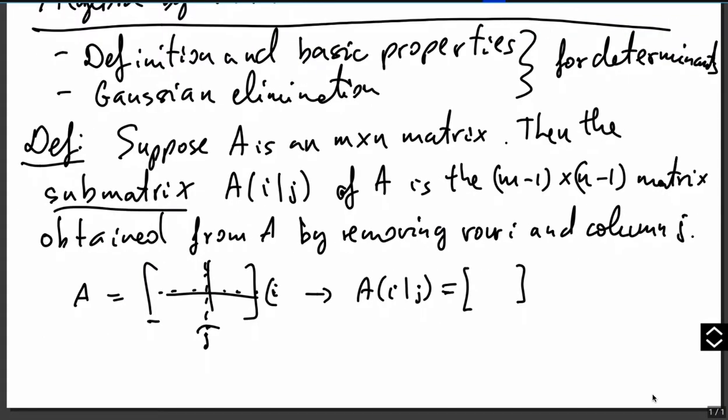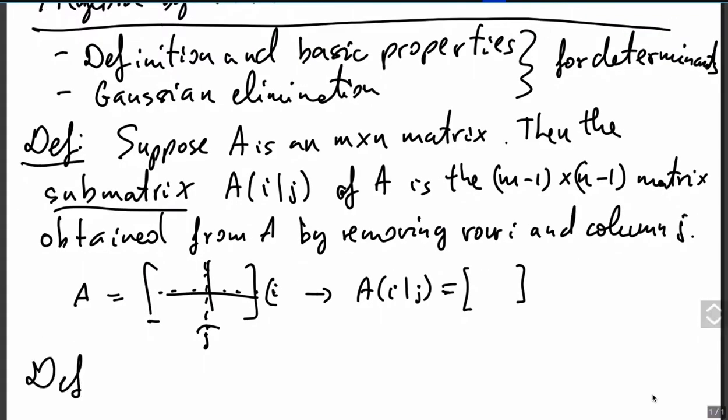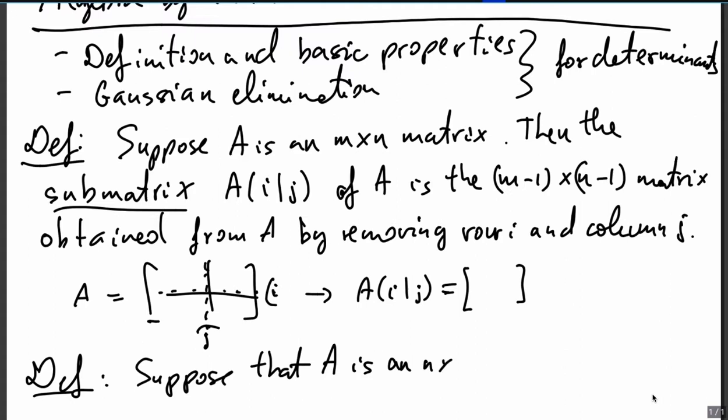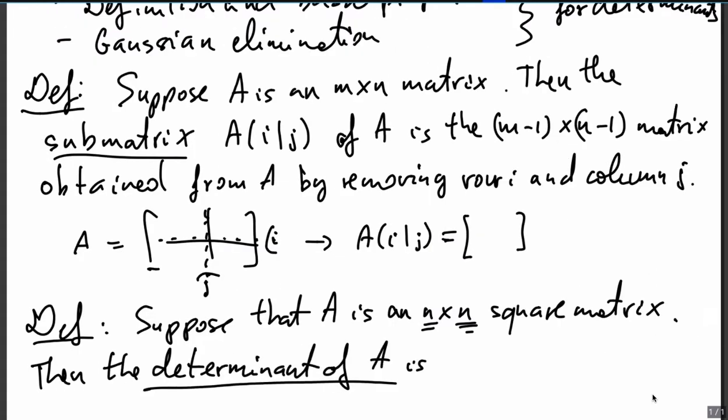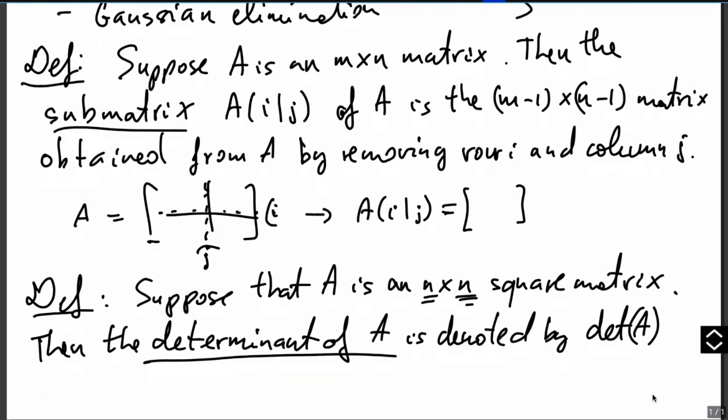So using this, the next definition is that suppose that A is an n by n square matrix, so same number of rows as columns, this is now important, then the determinant of A is denoted by det(A), or sometimes the absolute value notation is used, and it is calculated as follows.